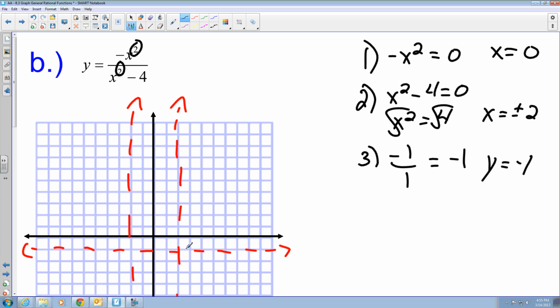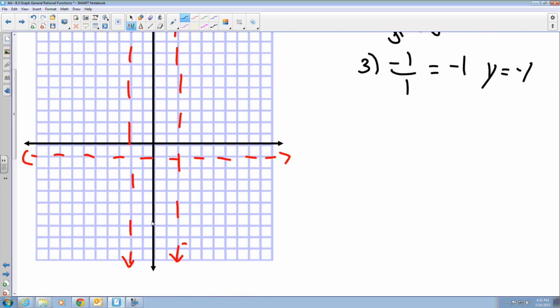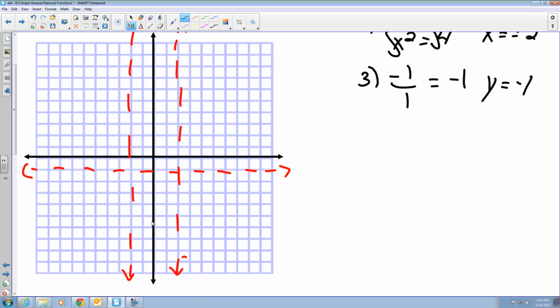And you notice here I have 2 vertical asymptotes. So what I like to do is, since I have 2 vertical asymptotes, I'm going to set up 3 different t-charts. All of them are going to be XY t-charts.